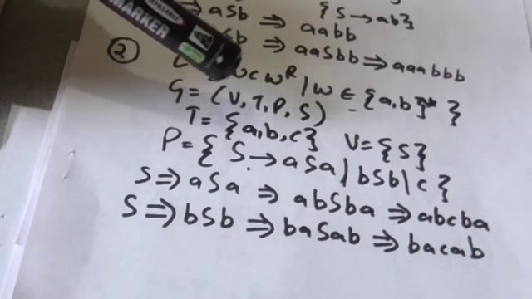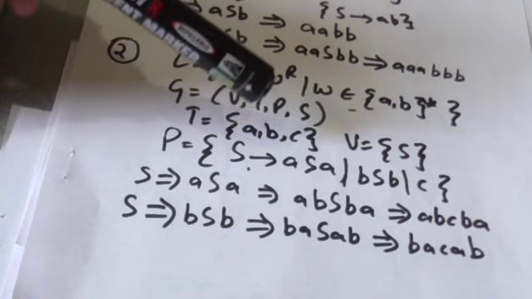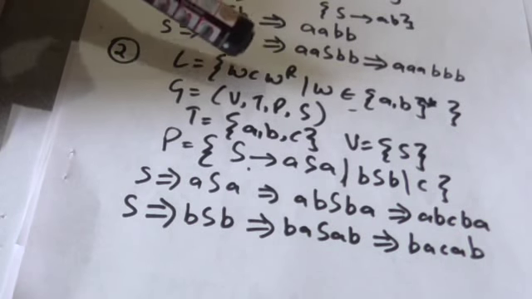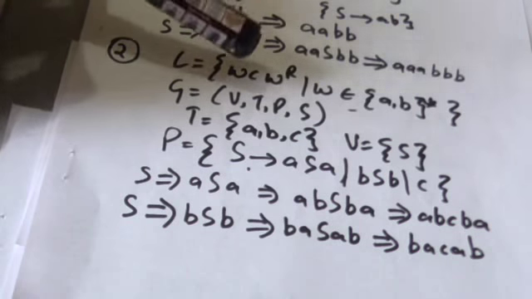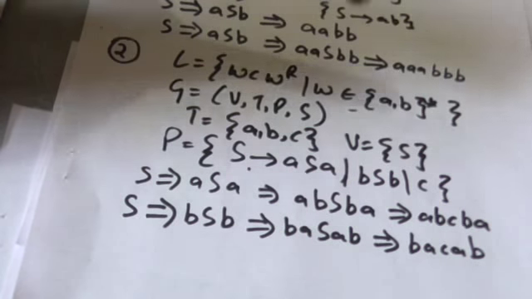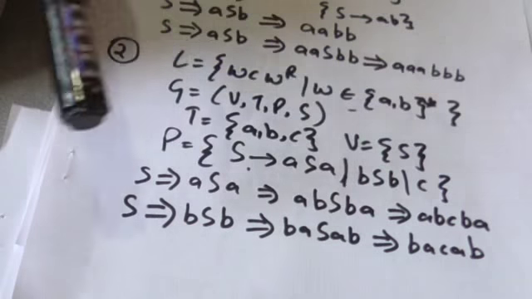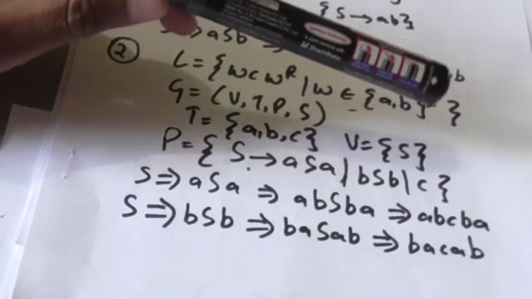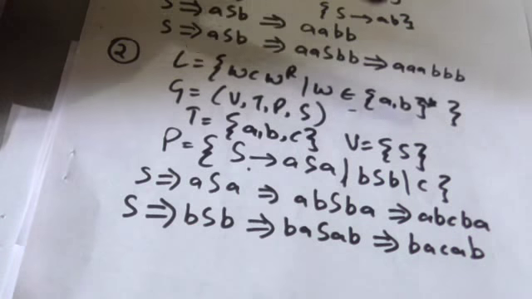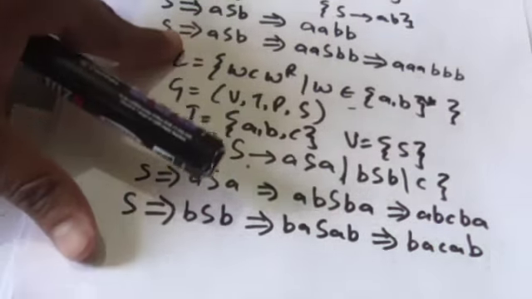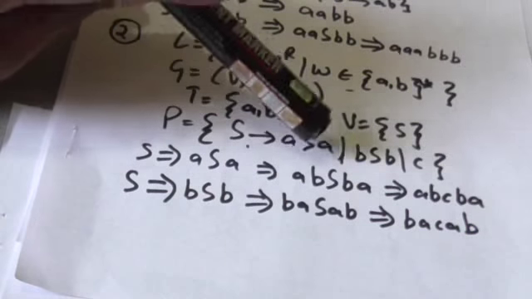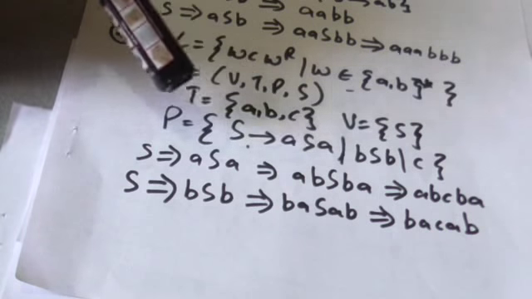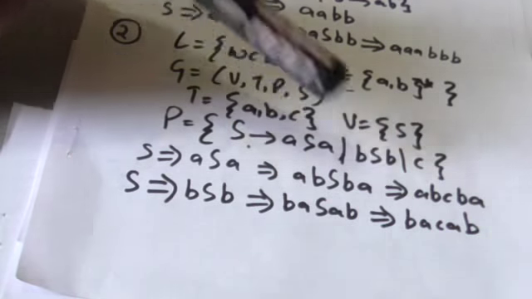So this set will have three terminals A, B and C, because all strings in the language L will be formed of only three terminals A, B and C. V is a set of variables which has only one variable S, which is the start symbol S, and it has the following productions. P is a set of productions. So in P there are the following productions.